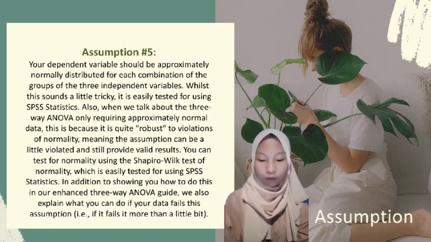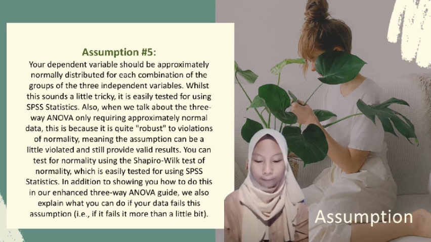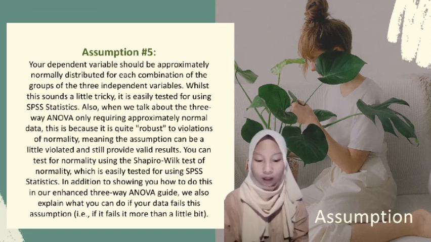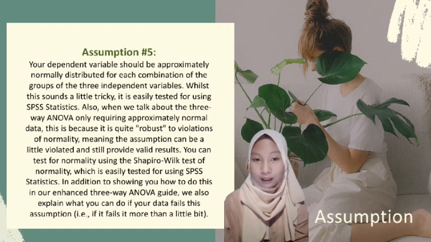You can test for normality using the Shapiro-Wilk test of normality, which is easily run in SPSS Statistics. In addition to showing you how to do this in our enhanced three-way ANOVA guide, we also explain what you can do if your data fails this assumption, if it fails it more than a little bit.